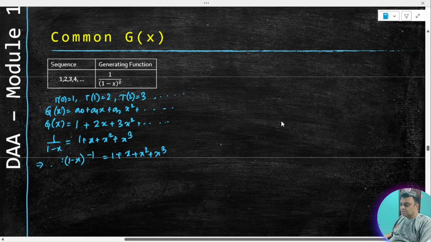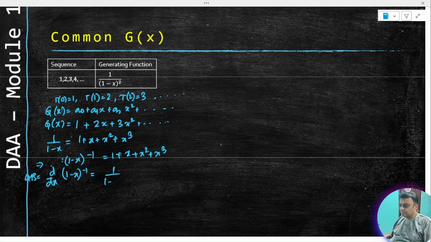So if I use the chain rule of differentiation and I put a ddx, so let's say my left hand side, I'm doing a differentiation on both sides. So if I do a differentiation on the left hand side, I would be getting something like this, 1 by 1 minus x square, right? So that's my ddx on the left hand side. For my right hand side, I will do a ddx of 1 plus a ddx of x plus a ddx of x square, and in this way it will go on, right?